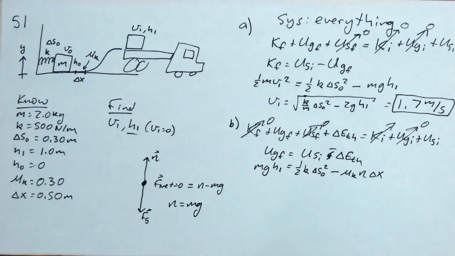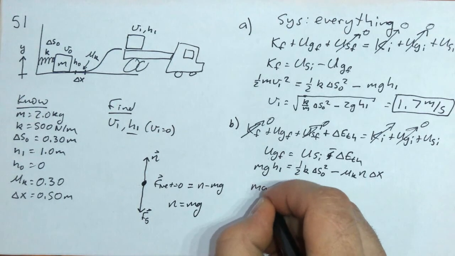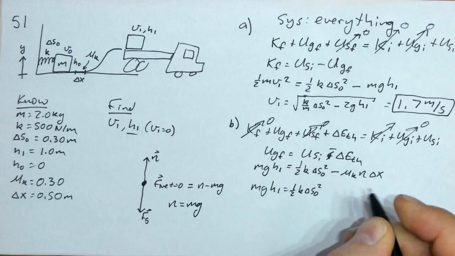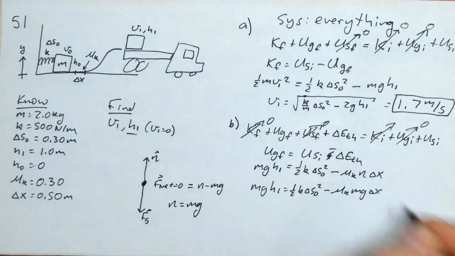So with that, mgh1 equals 1/2 k delta S0 squared minus mu k mg delta x.